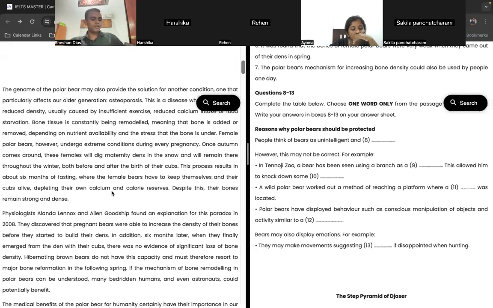So you never have to go back and read all of this again. A lot of people lose time because they keep reading the same things over and over again. Answers are in order, which means once you have read a specific part of the paragraph, you never have to read it again, unless it's a classification or a matching type question, right?